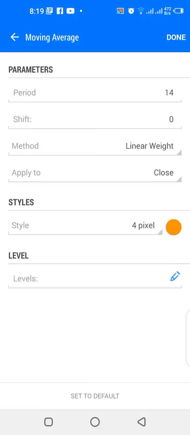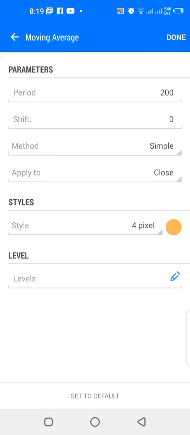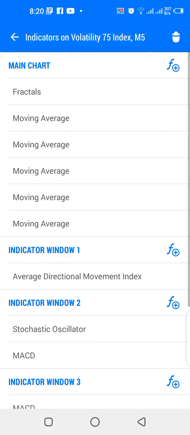We also have another moving average, 14 period, linear weight, apply to close, orange. And another one, 12 period, linear weight, apply to close, and the color is black. And another one, 50 period, simple moving average, apply to close, color is purple. And the last one on the main chart, 200 period, simple moving average, apply to close, color is orange.